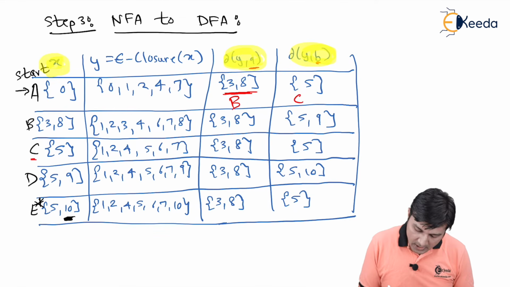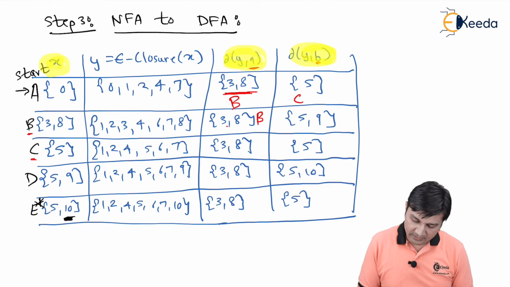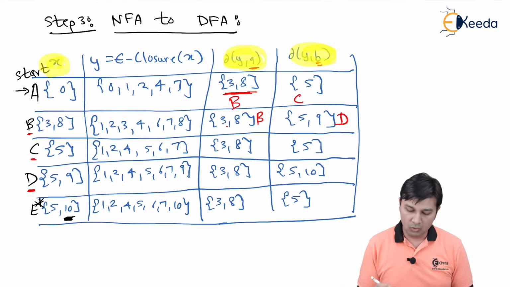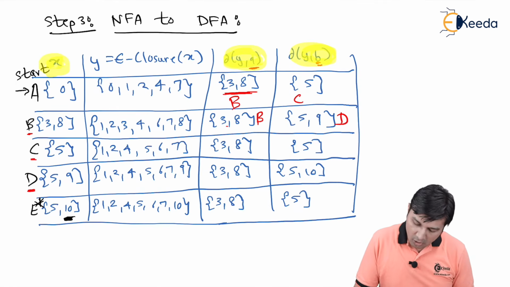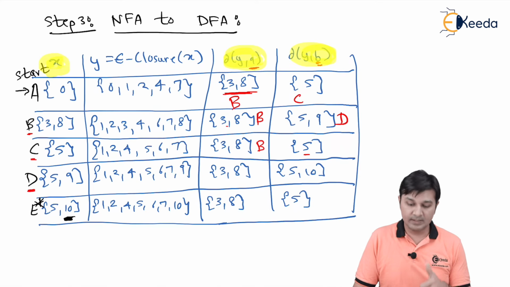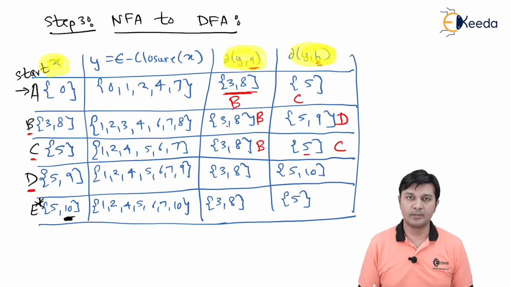Then B on receiving input symbol a goes to 3 comma 8, which we again label as B, and B on receiving input symbol small b goes to 5 comma 9, and 5 comma 9 is nothing but D, so I call this my state D. Going ahead, C on a goes to B and C on small b goes to 5, which was my C, so I write a C over here.